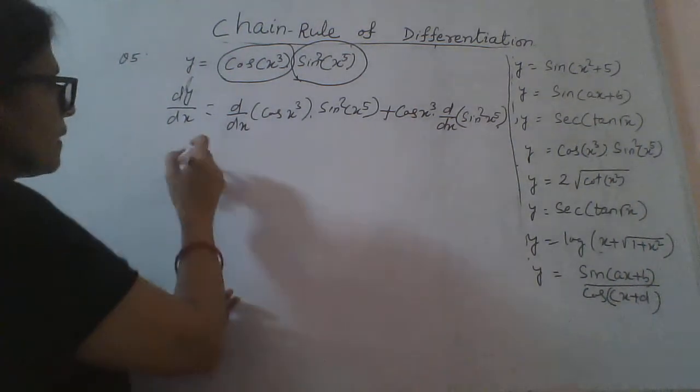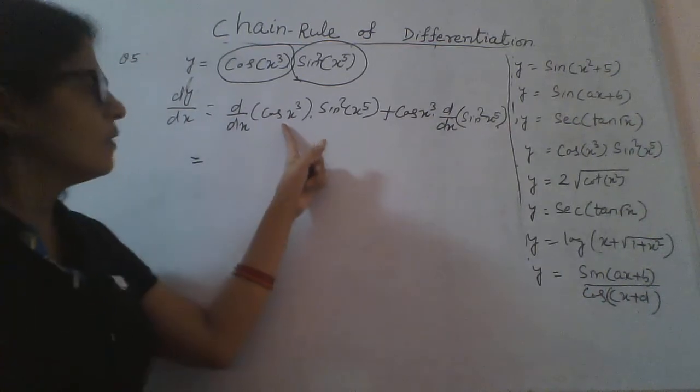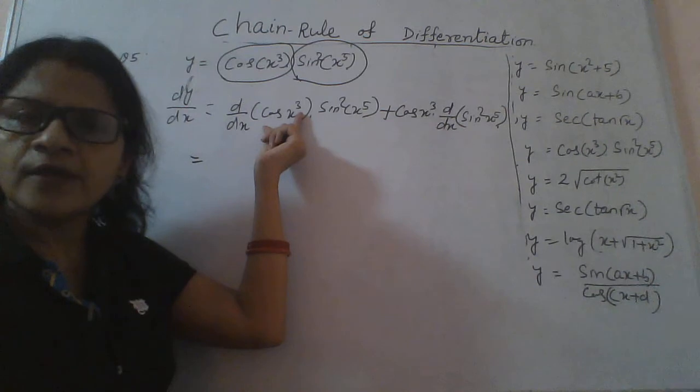When you see d by dx of cos x cube, here you will think, okay, cos x cube is not directly linked to x.